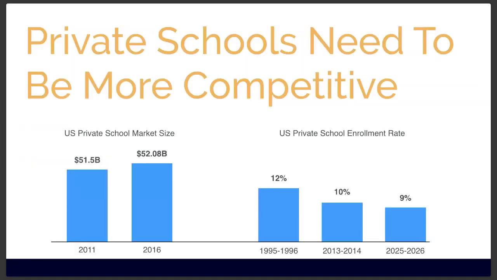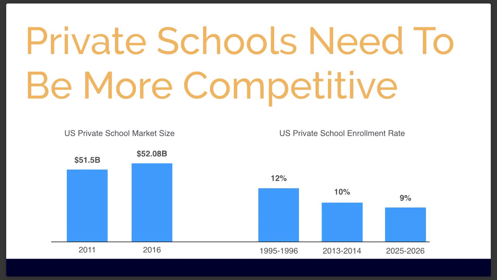So now let's take a look at some statistics. This is based on the U.S., but it does represent other areas in the world as well. The private school sector is growing, right? Which is a trend that, especially in the U.S., is just going to keep growing. At the same time, U.S. private schools are actually having a harder time maintaining their enrollment.